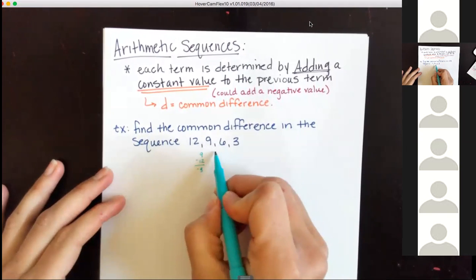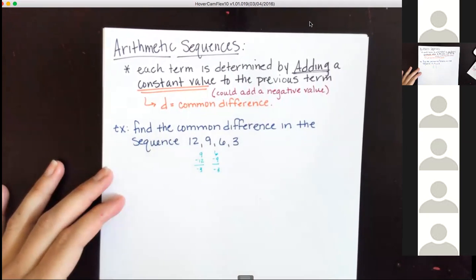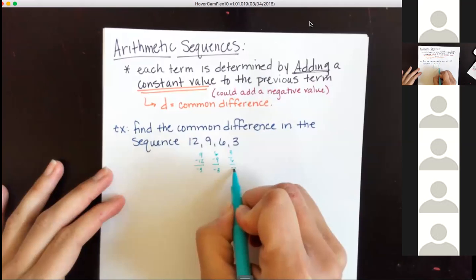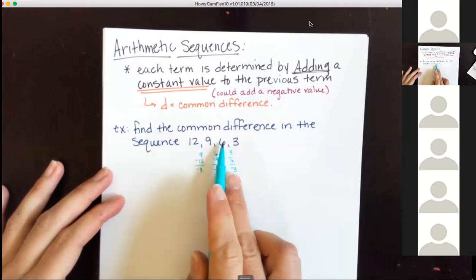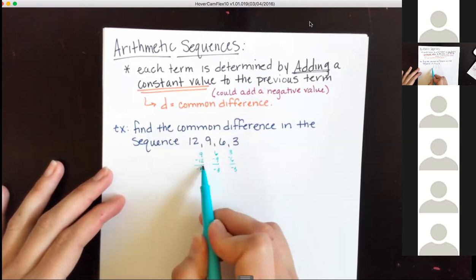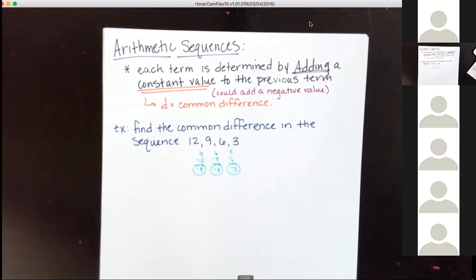The next one, if I took 6 minus 9, you would see that minus 3. If I took 3 minus 6, so notice how I'm taking the second term and subtracting the previous, the next one and subtracting the previous, the next one and subtracting the previous. Each time you find this common difference.